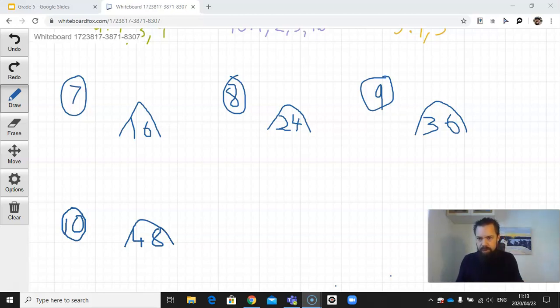Right, grade 5s, I do want to still get onto prime and composite numbers, which shouldn't take too long. But because of that, I'm not going to leave it any longer. We're just doing 10 of these.